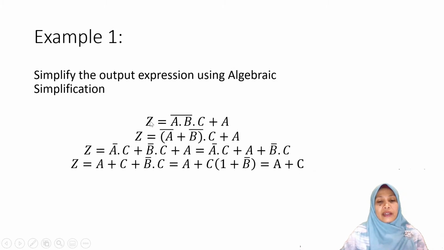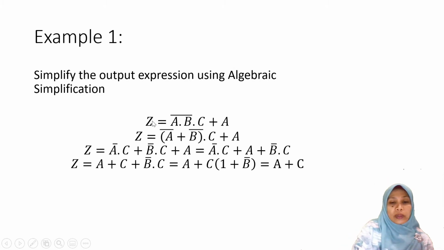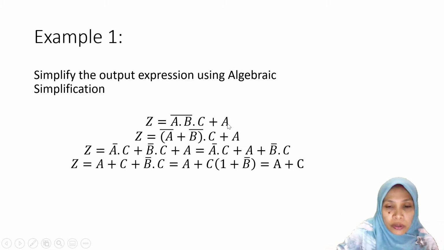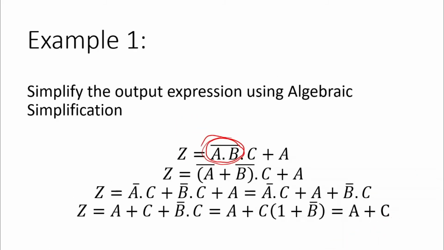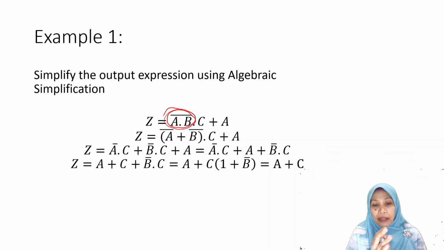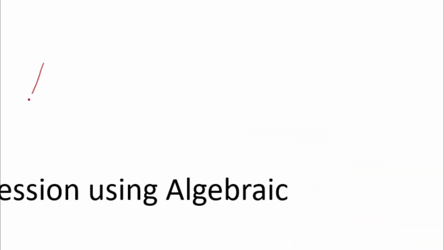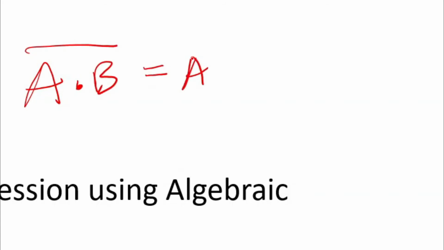We have the original equation Z equal to (A dot B) bar dot C plus A. Okay, so we can see here A and B share the same bar. According to the De Morgan theorem, you have to separate this bar into individual bars for A and B. Remember De Morgan theorem, (A dot B) bar equals A bar plus B bar.